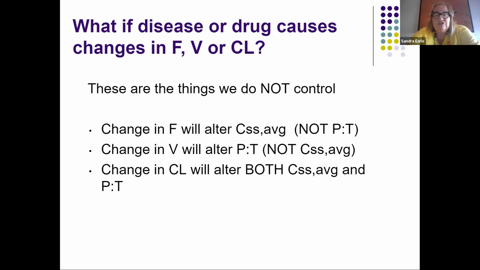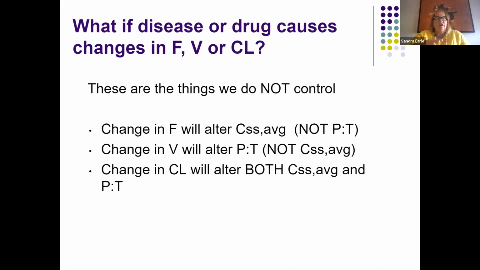A change in volume of distribution will alter the peak to trough ratio. If you have an increase in your volume of distribution, the drug is able to distribute further out into your tissues, etc. And therefore it's going to take longer to get rid of the drug.